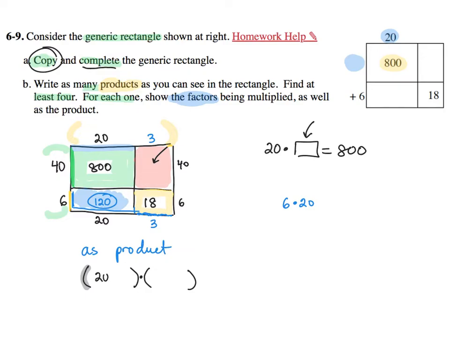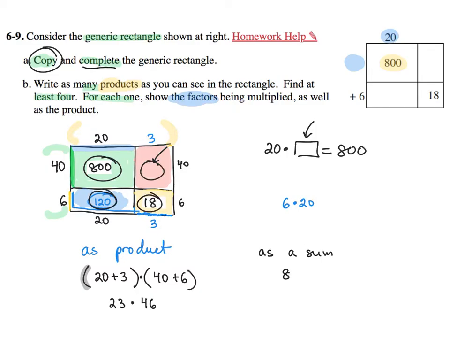I see 20 plus 3, and I also see on the other side 40 plus 6. So that actually becomes 23 times 46. And to find the area as a sum, what we want to do is add all the areas on the inside. So the 800, the 120, the 18, and whatever that number you got.